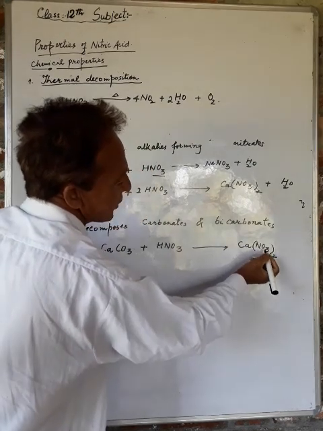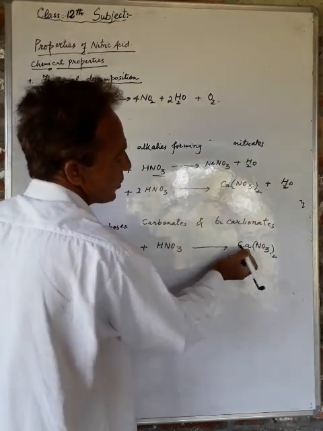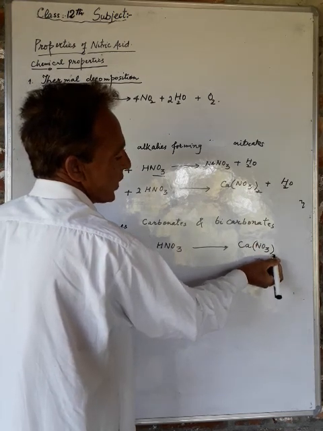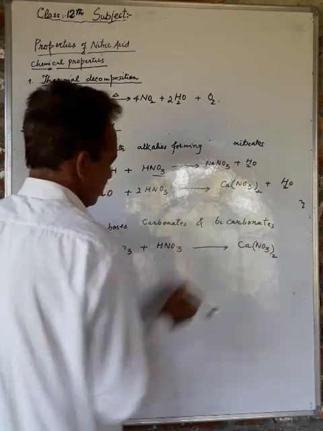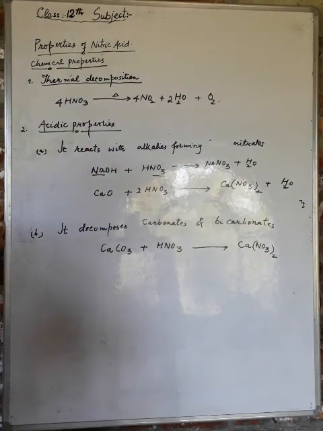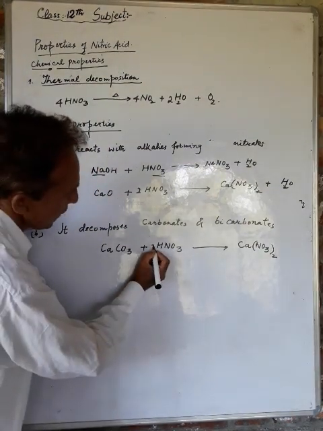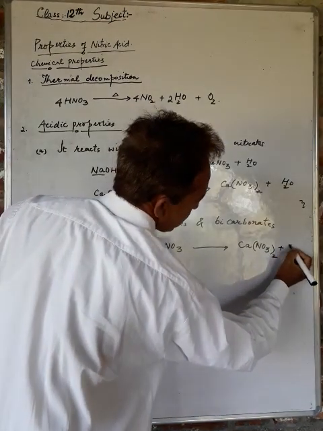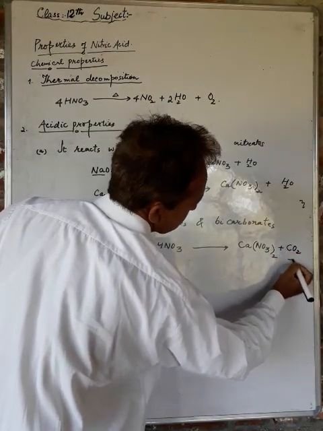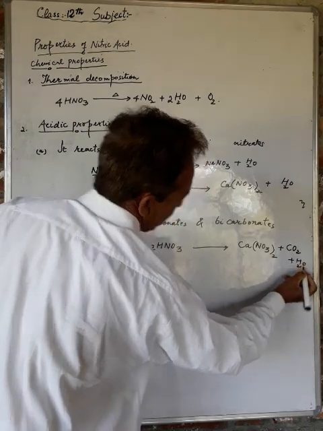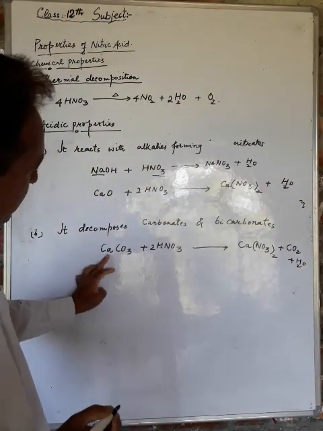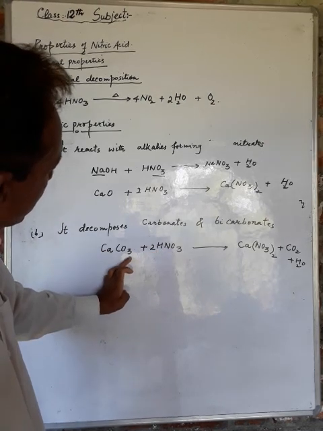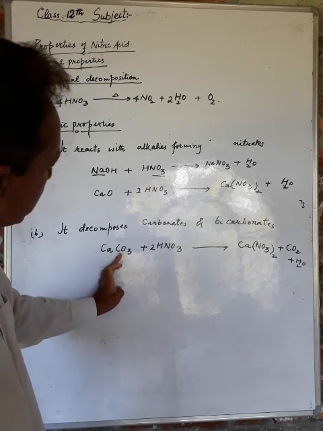This is calcium nitrate. NO3 is in -1 oxidation state, calcium is +2, so when we take twice, it is -2 and +2. This is calcium nitrate. So twice, 2 hydrogen, plus CO2 plus H2O. Ca(NO3) whole twice, H2O, one oxygen comes out from here, CO2.